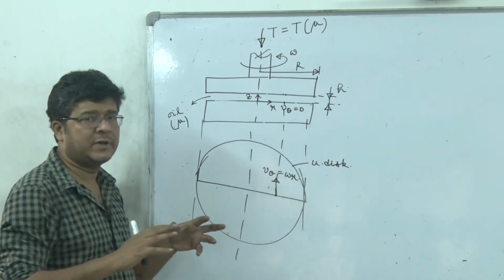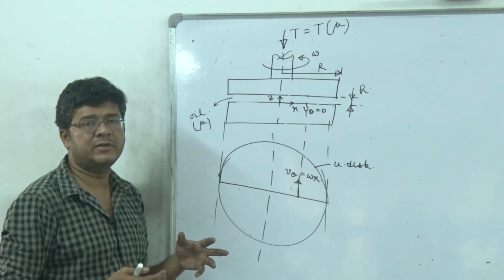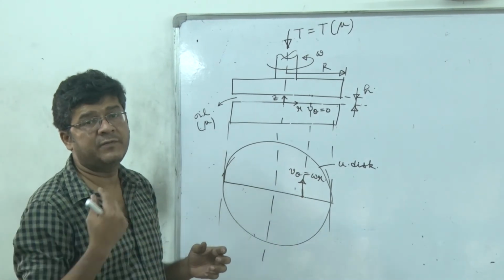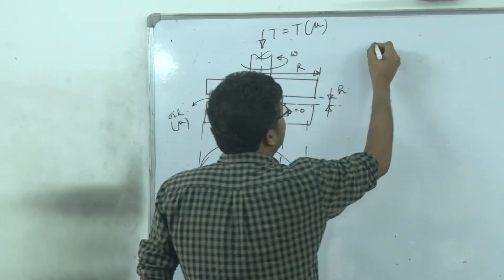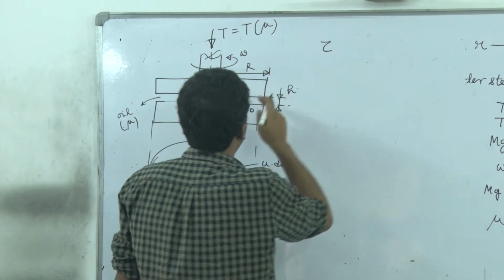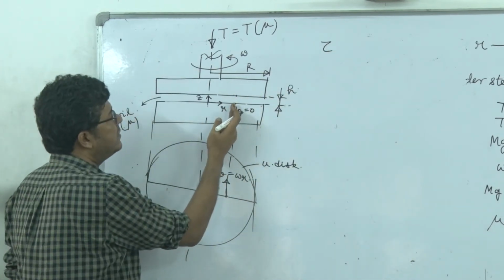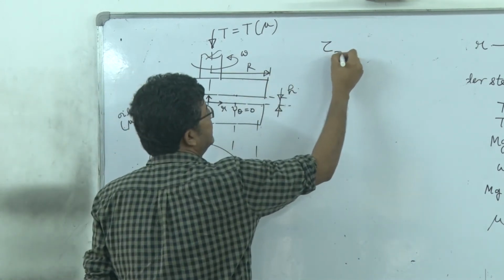So if I have to calculate the frictional force, and therefrom the torque, we have to go for a differential balance because the velocity is changing. So before going into that, let's calculate the shear stress. The area on which it's acting is perpendicular along the z direction, so area direction is z.